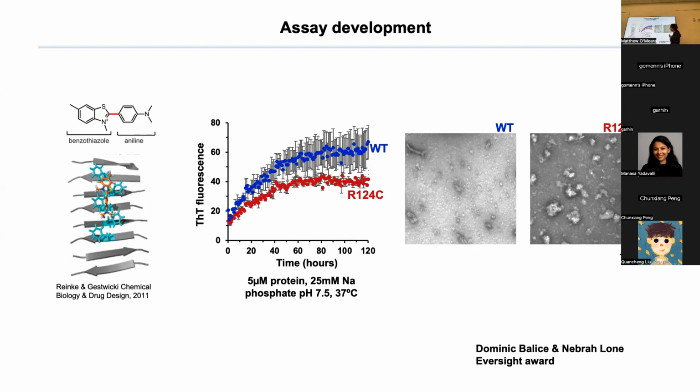But if amyloid aggregates start to form, there is an increase in the fluorescence. So in the case of R124C, which is the amyloid-forming protein, it can be used as an assay to screen whether compounds are actually active and can prevent the aggregation or not.